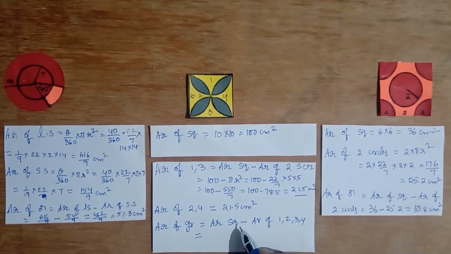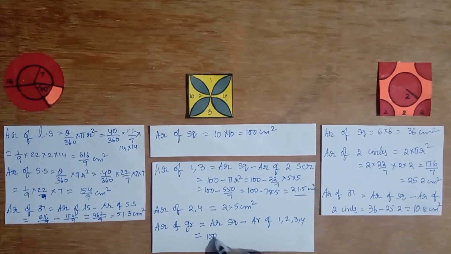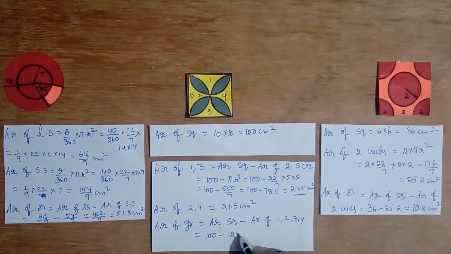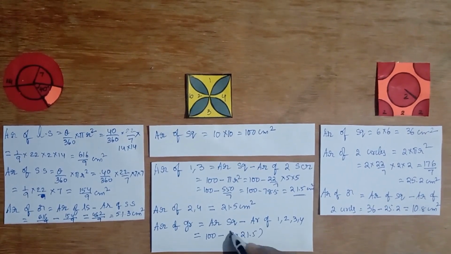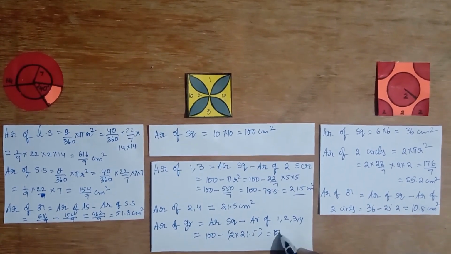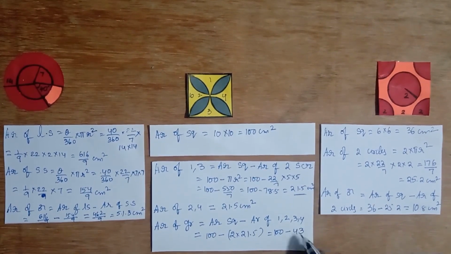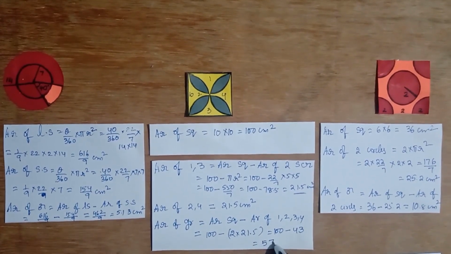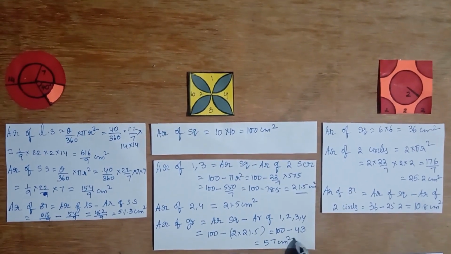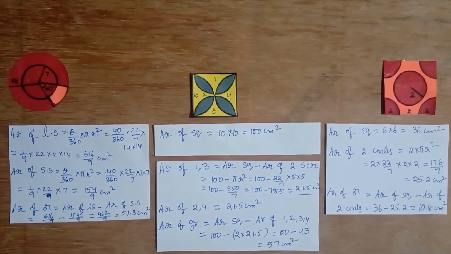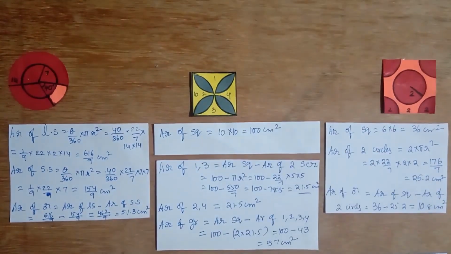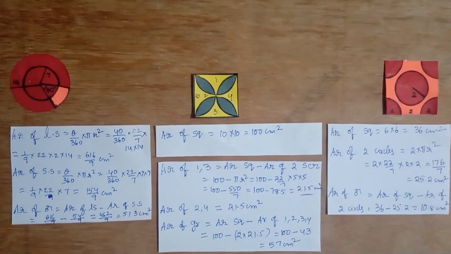Area of square is 100 minus 2 into 21.5. 100 minus 43 equals 57 centimeter square. Therefore, area of gray region equals 57 centimeter square.